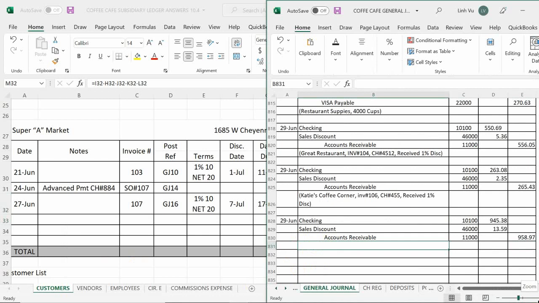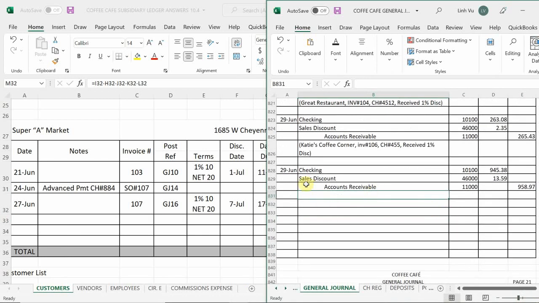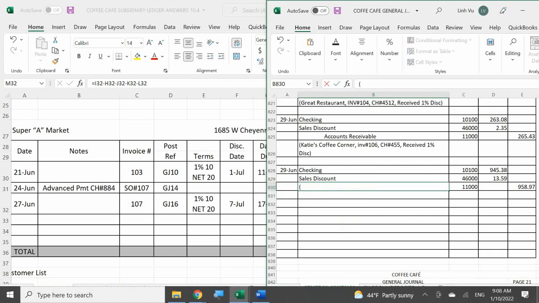So, last thing we got to put in here is your description. So we have Super A Market paying for invoice number 103 and 107. They paid with check number 582, received 1% discount.